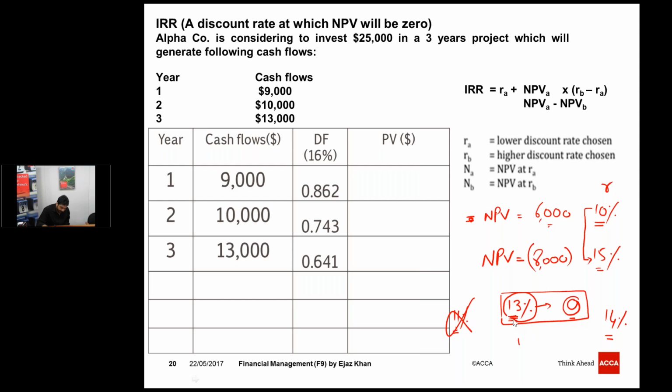So any rate that will give 0 NPV will be called internal rate of return, IRR, a discount rate at which NPV will be 0. This actually tells you a break-even rate. Yes, you're right, it's the break-even rate.